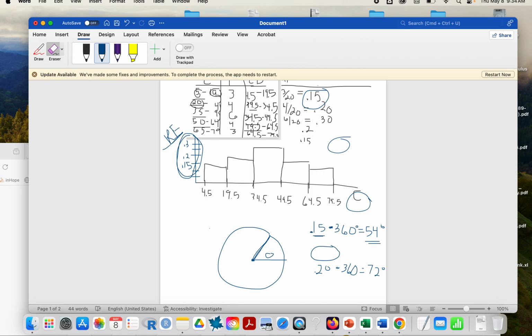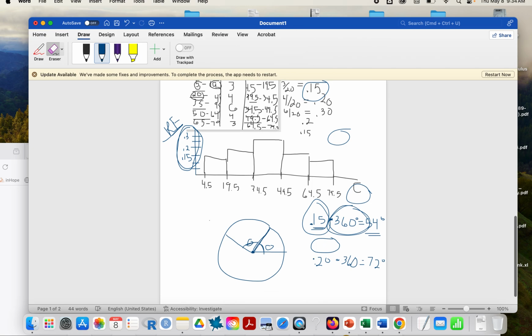You'd set your protractor here and you'd go 72 degrees. You'd be something in that nature. And then again, you'd label it and so forth. The thing that I tend to talk about is, how do you get the measurement of the size of the central angle? Again, the central angle being here or the central angle being here. You take the relative frequency and multiply it by 360. That's how you get the size of the central angle.